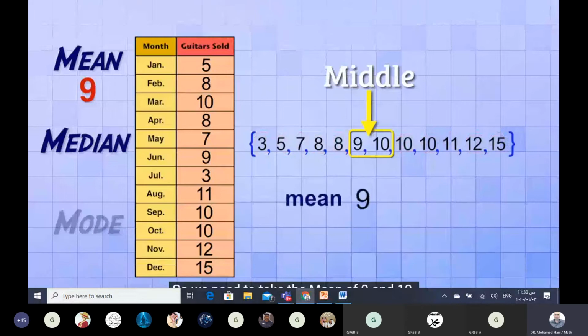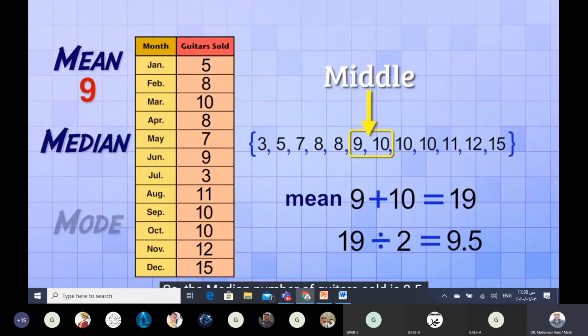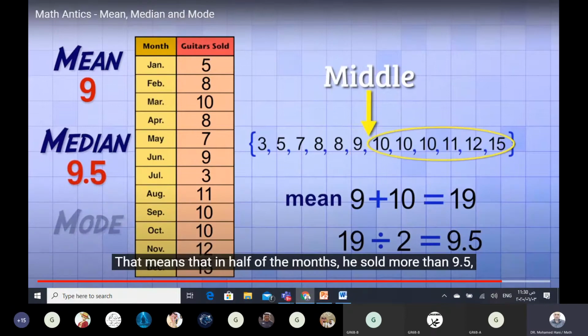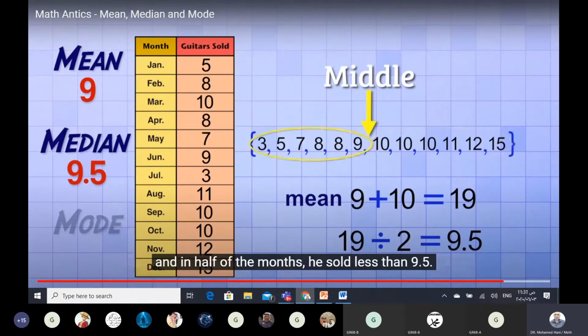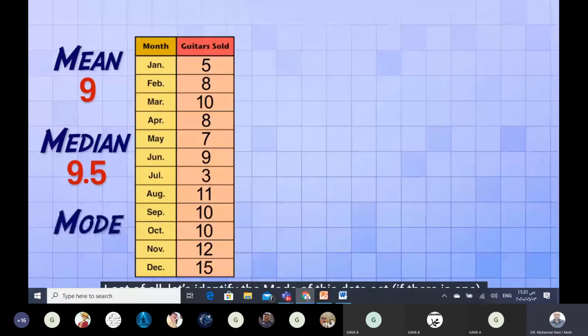So we need to take the mean of 9 and 10. That's easy. 9 plus 10 equals 19, and then 19 divided by 2 is 9.5. So the median number of guitars sold is 9.5. That means that in half of the months, he sold more than 9.5, and in half of the months, he sold less than 9.5.